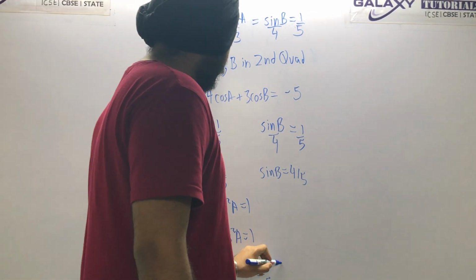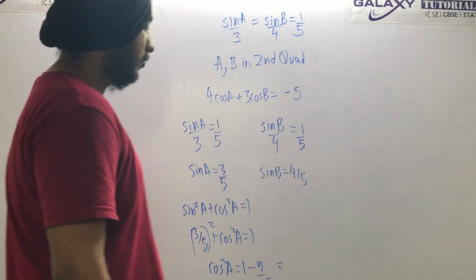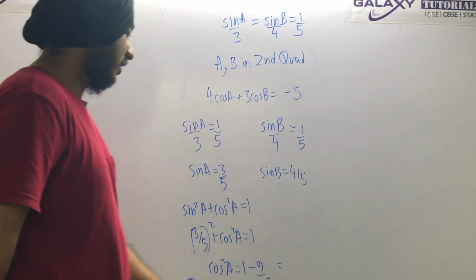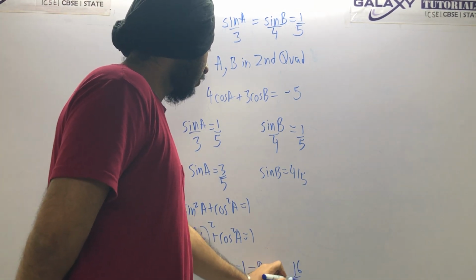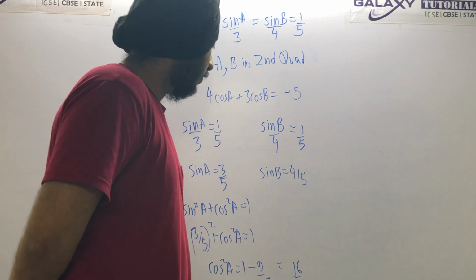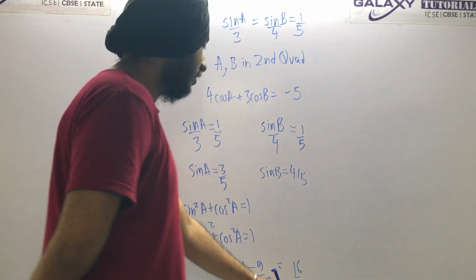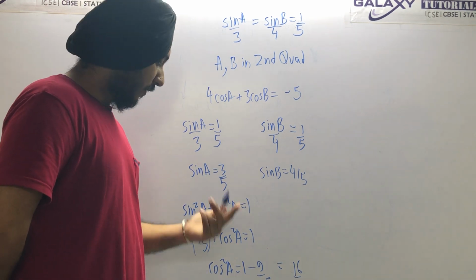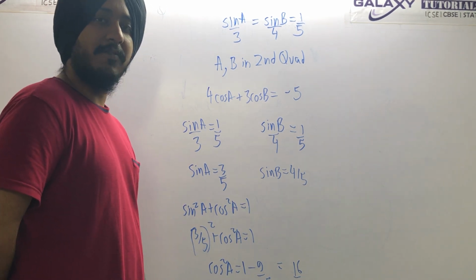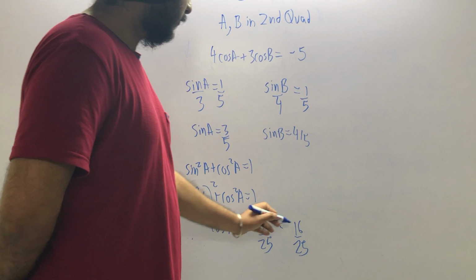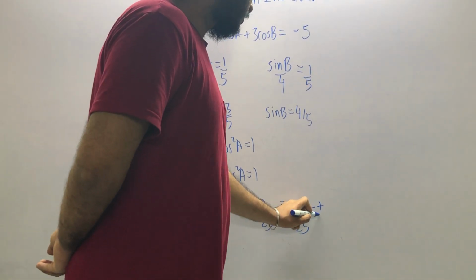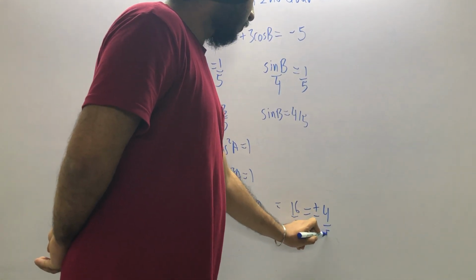And this LCM will be 25. So 25 minus 9 will be 16. So 16 upon 25. And cos square A is equal to 16 by 25. What will be cos A? Cos A will be plus minus 4 by 5.